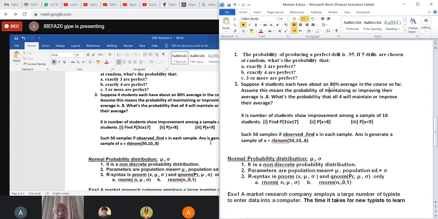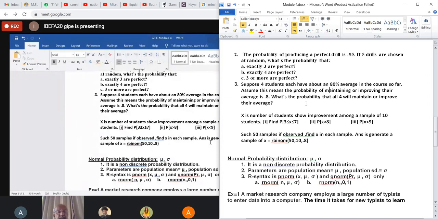What is the probability that all 4 will maintain or improve their average? Second part.